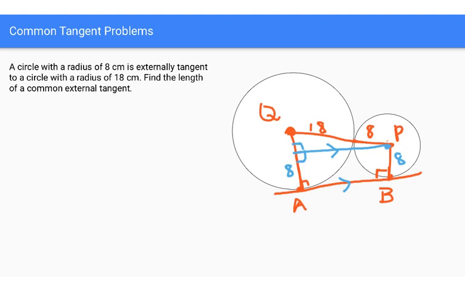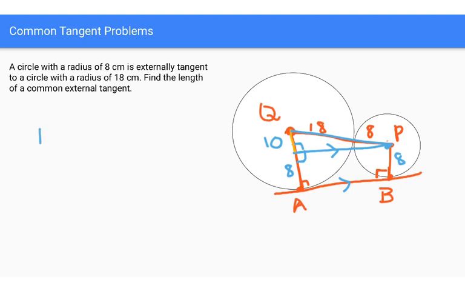So this part here, what's that going to be? 18 minus 8, or 10. Do we know the hypotenuse of this right triangle? We sure do. It's this length right here, or 26.